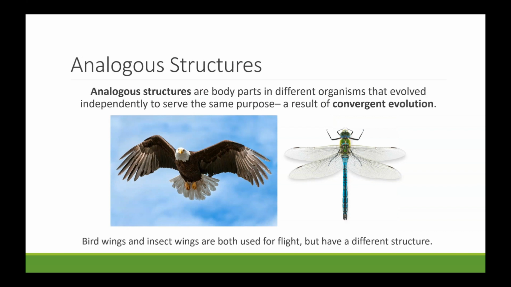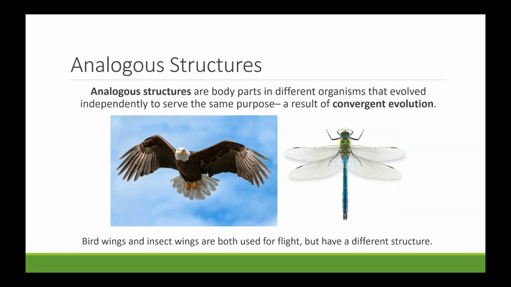For example, bird wings contain bones, insect wings do not. So cases like this are not evidence of common evolutionary ancestry. Instead, they are the result of convergent evolution, which is where separate lineages evolve an adaptation that converges on the same appearance and performs the same function.